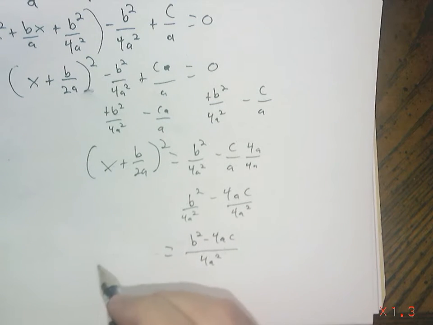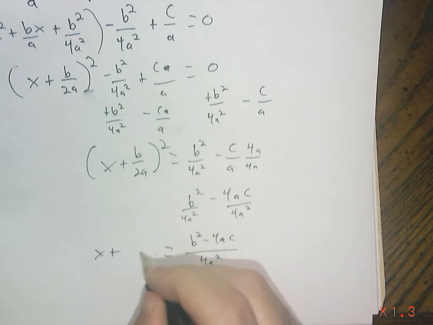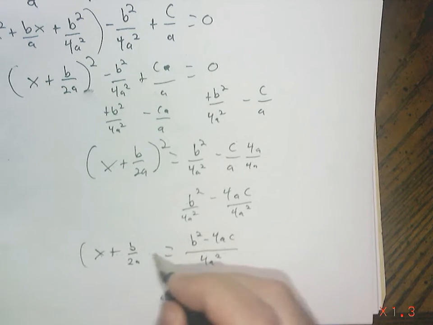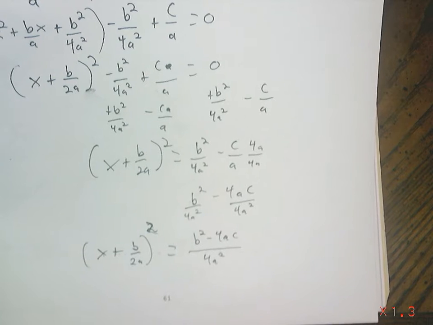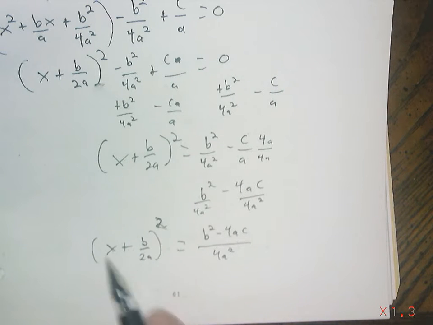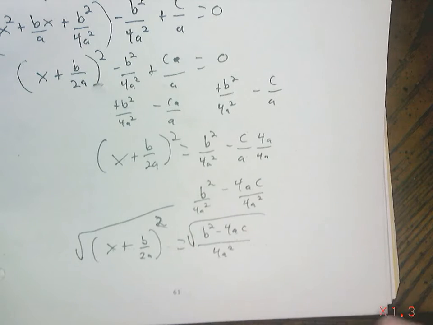And that's equal to x plus b over 2a, squared. Pen is not cooperating. Now, this is where I can undo this square, right, by square rooting. I'm going to square root both sides.